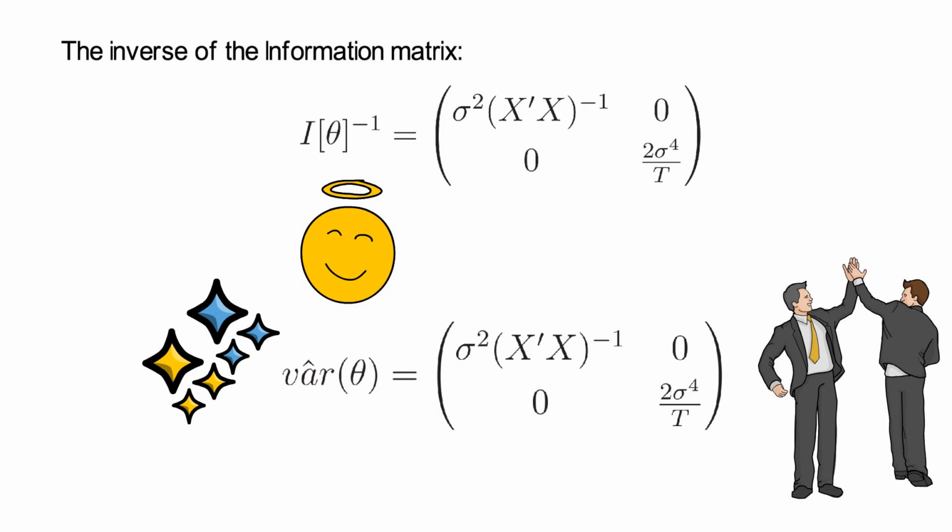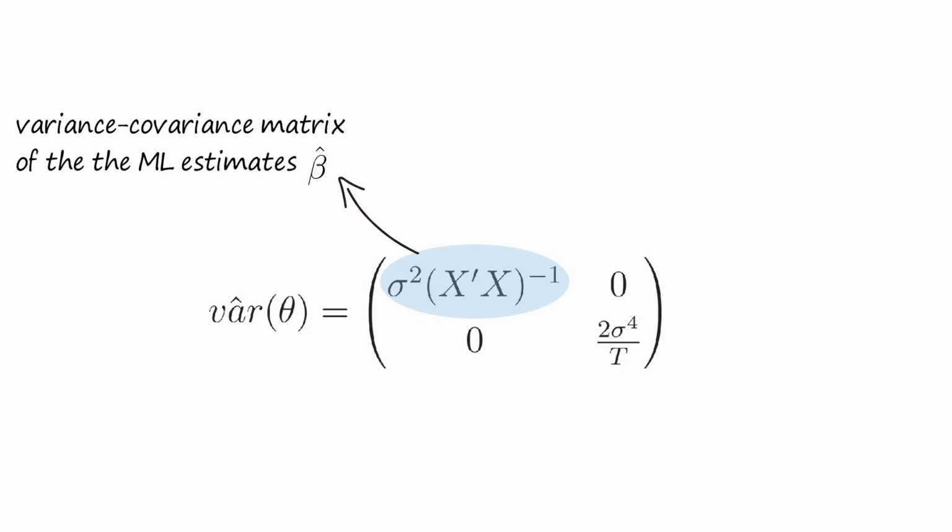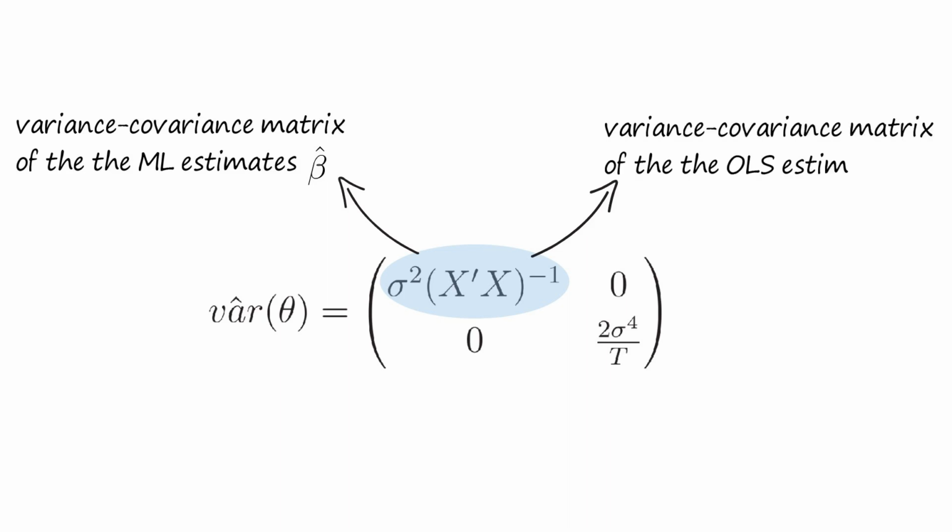Okay. Now, if you look carefully at that last matrix, you notice that sigma square times x prime x to the minus 1 stands for the variance covariance matrix of the maximum likelihood estimate beta hat. Now that in fact coincides with the variance covariance matrix of the respective OLS estimate for beta.